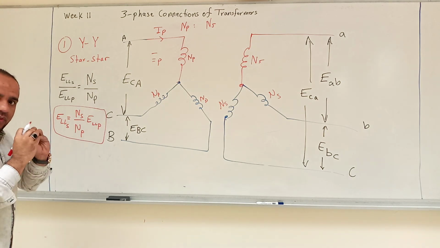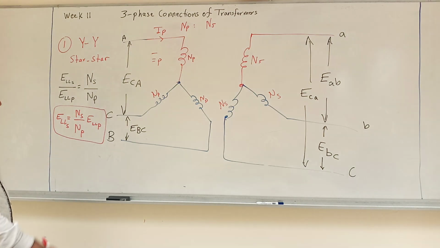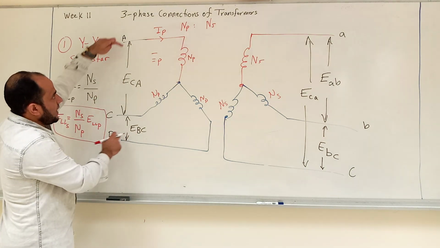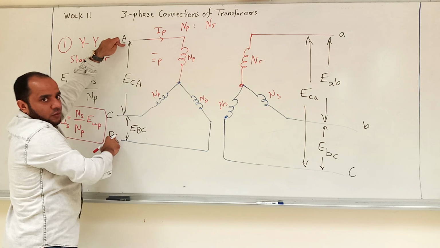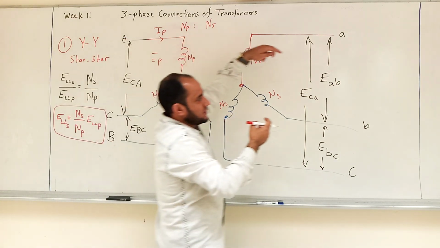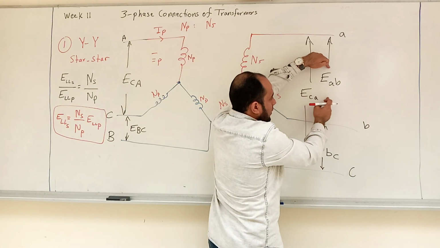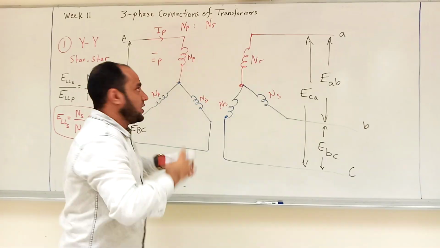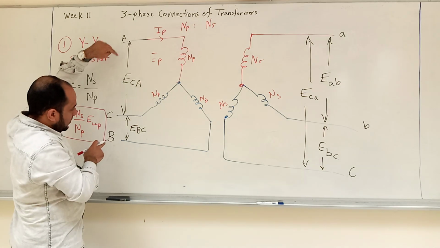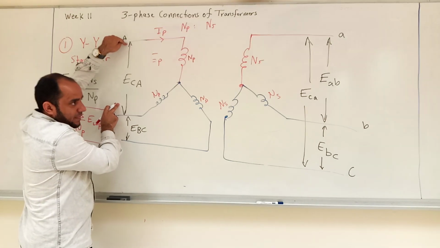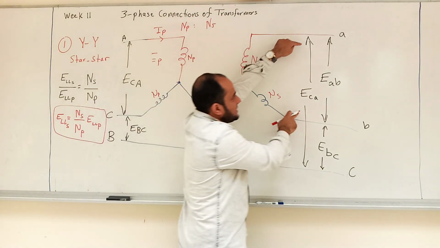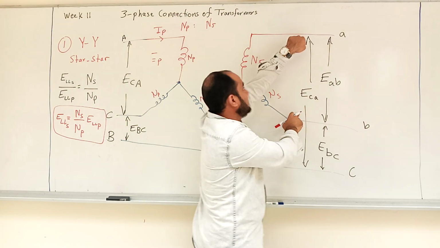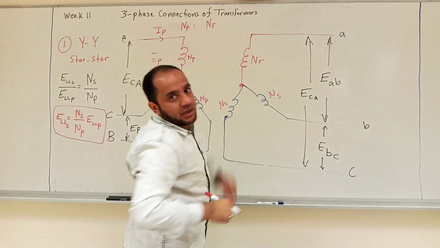But let's focus here on the RMS values. Of course, there will be some phase shift between this voltage and this voltage on one side, which is plus/minus 120. But if you take this voltage, for example E CA here and E CA here, they will have no phase shift difference because it's a Y to Y connection.